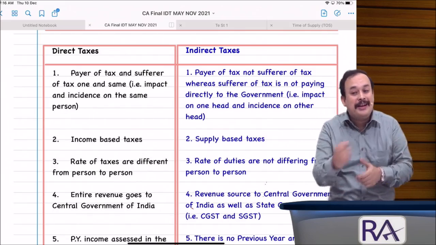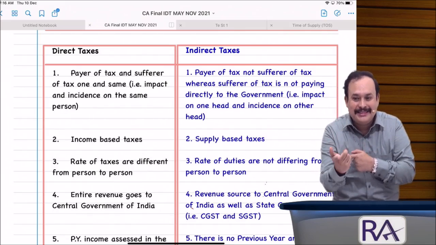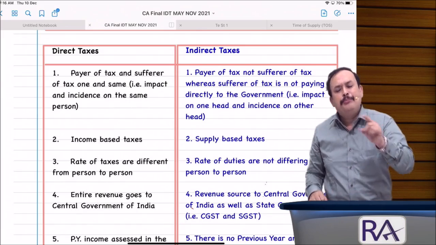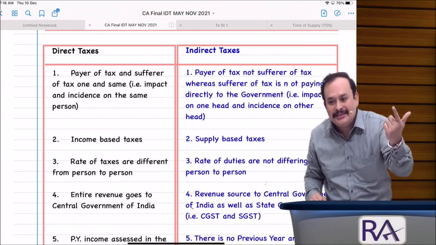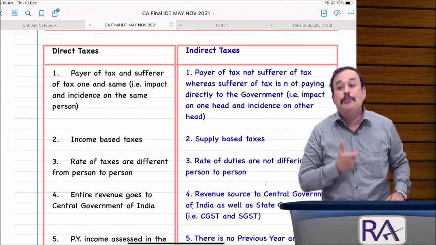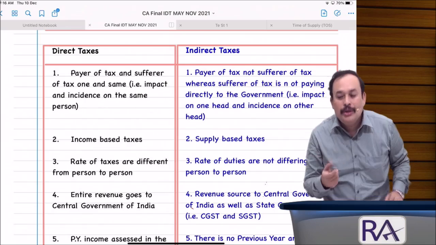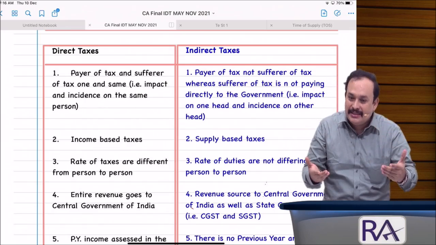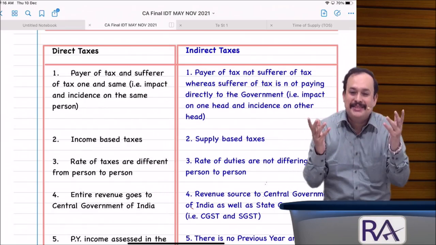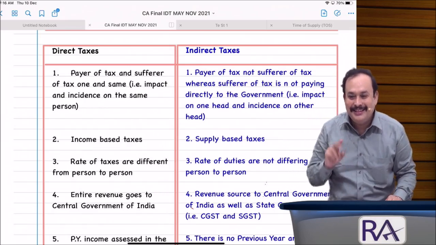Auditor is going to collect from the pocket of the client. That means sufferer of the tax is the client. Payer of the tax, auditor. So, levy on auditor, but then imposed on client. So, impact of tax and incidence of the tax on two different heads is known as indirect taxes.